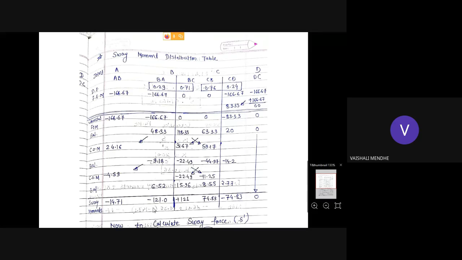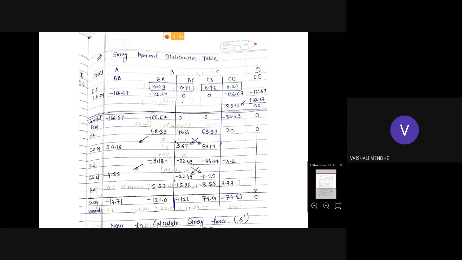Okay, and for member CB you got 74.83 and -74.83, and for member DC it is 0. Okay, so by carrying out this moment distribution we got the sway moments. Now after this, what do you have to do?